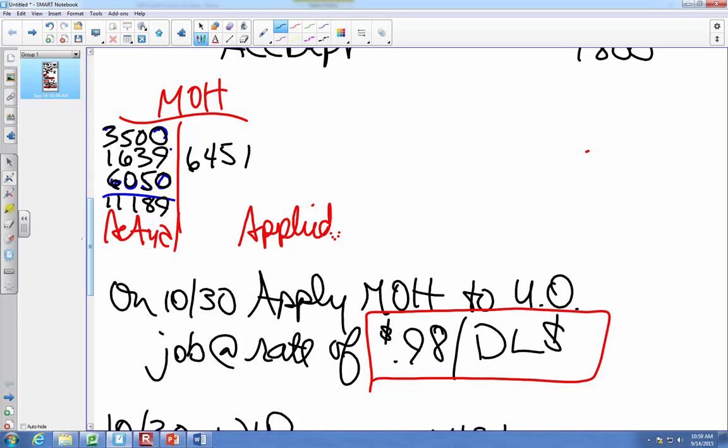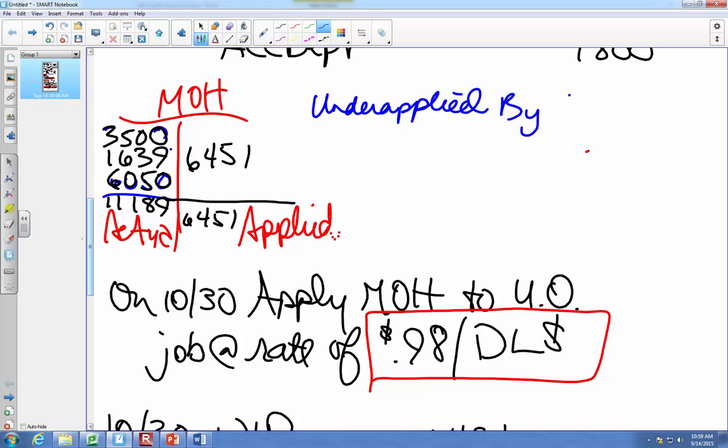So am I even close? No. Have I under applied or over applied? Under by how much? Under applied by how much? 47.38.